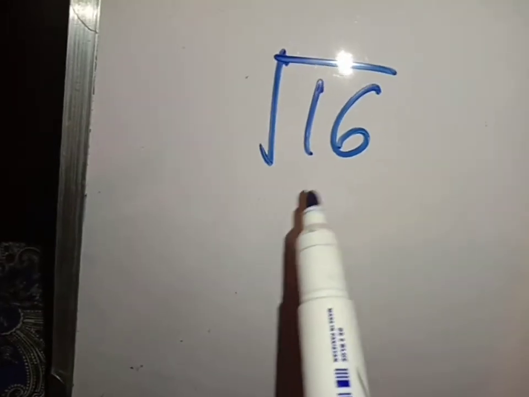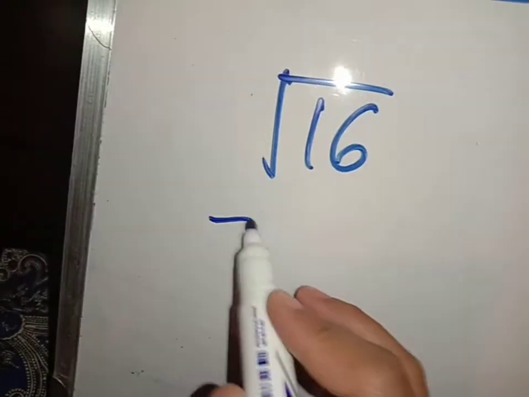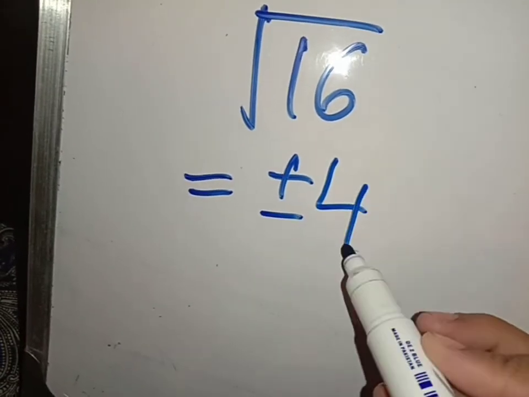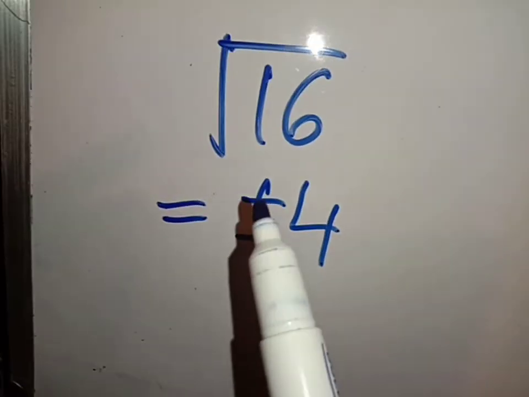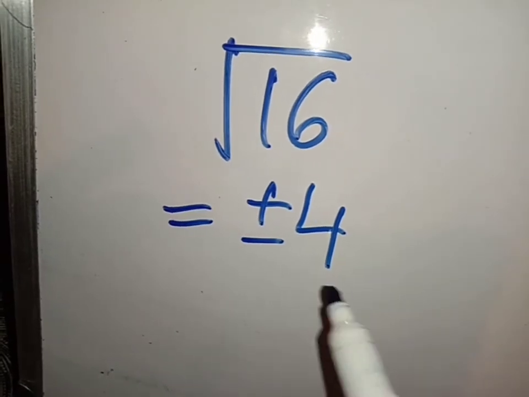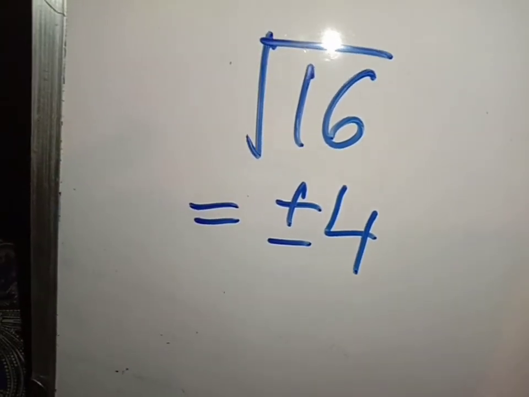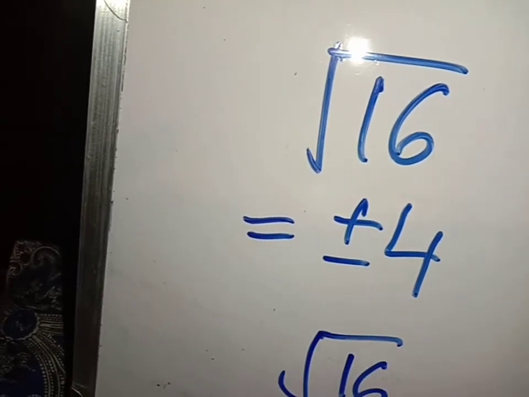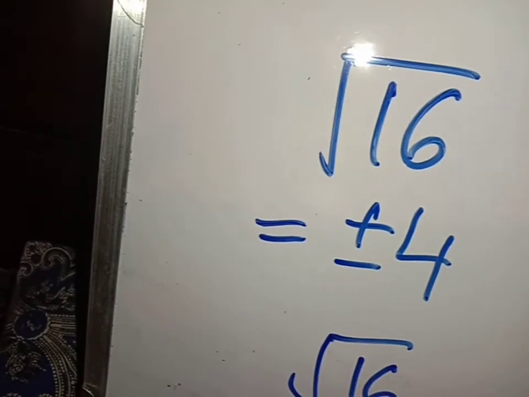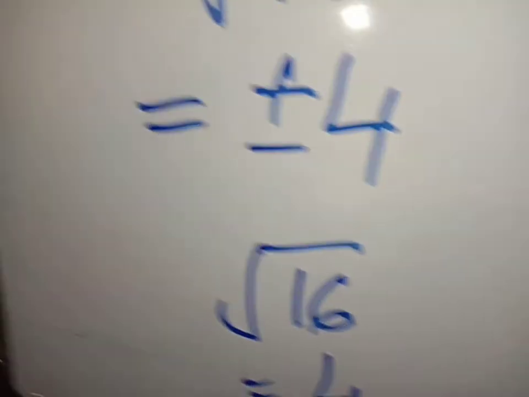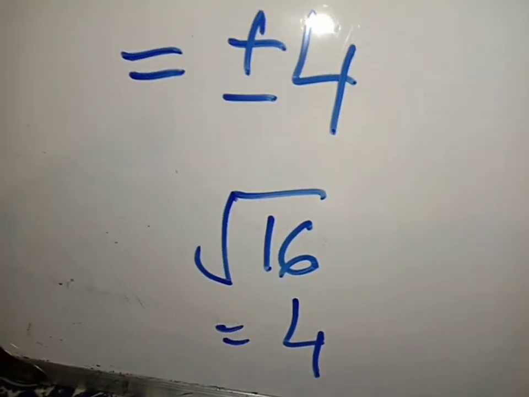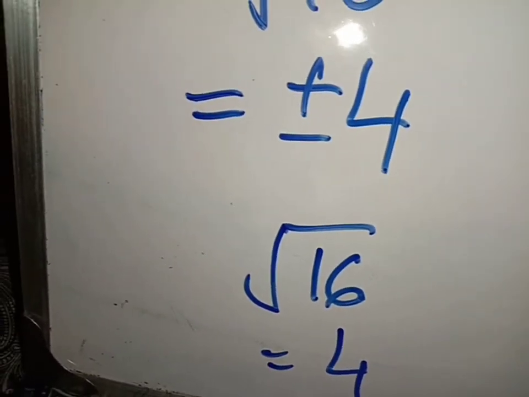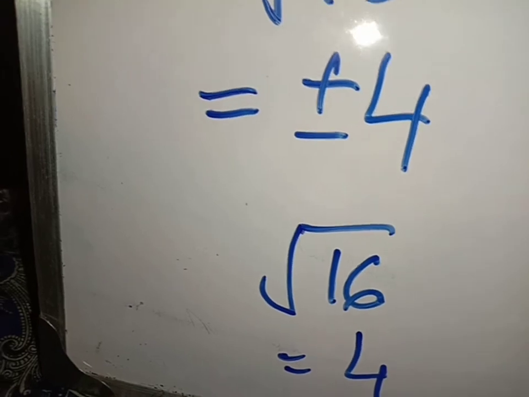It means the square root of 16 we will write as plus minus 4. One answer will be plus 4 and the other will be negative 4. But most of the time the under root only refers to positive integers. Most of the time under root 16 will be considered as only 4, because the under root symbol only refers to the positive square root of any number.